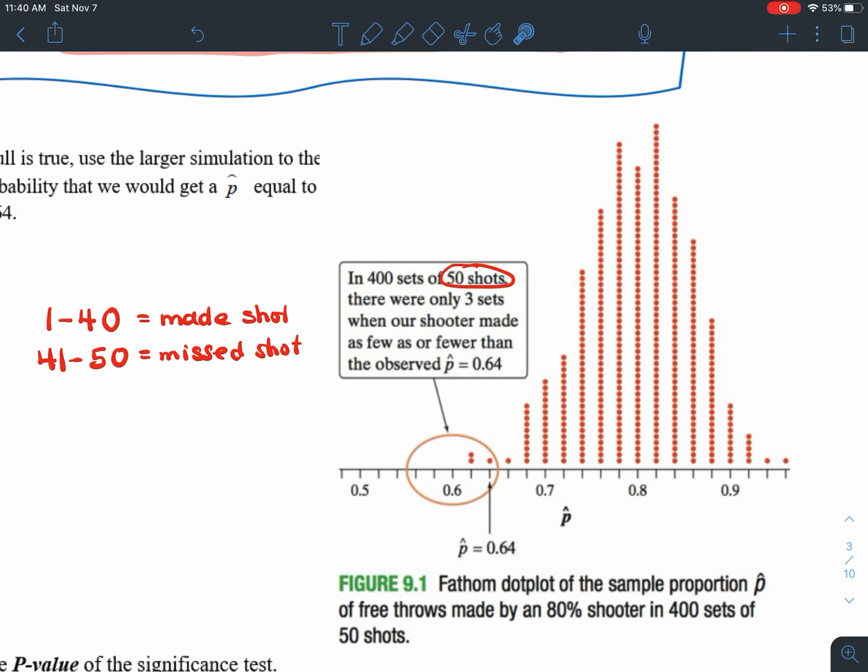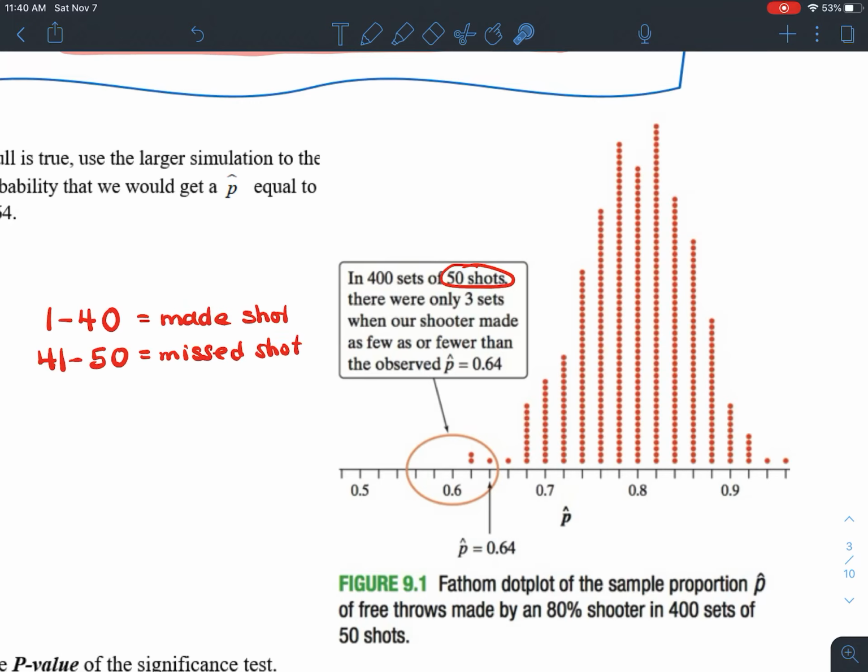And so we've set it up where we are assuming that his claim is true. 40 out of 50 is 80%, so 80% of the numbers count as a made shot, and only 20% of the numbers count as a missed shot.